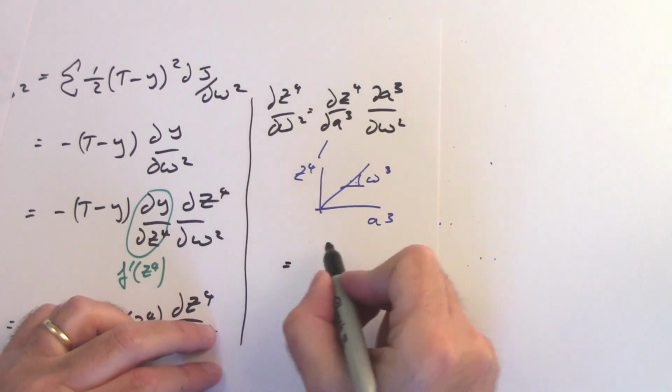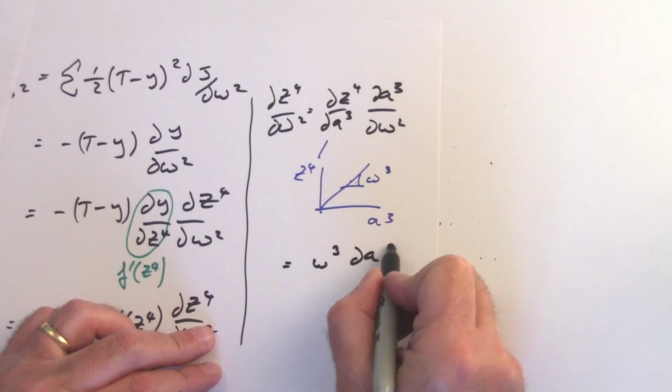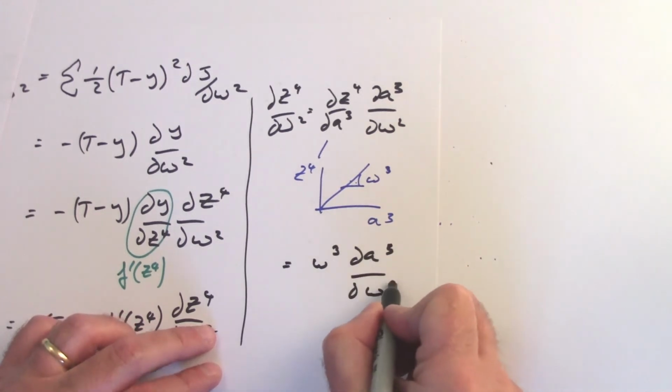So this is just our W3 matrix times dA3 by dW2.